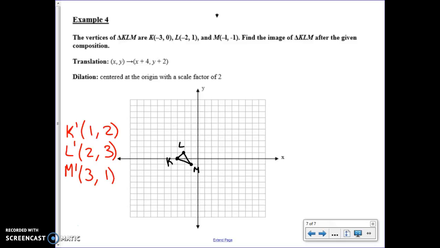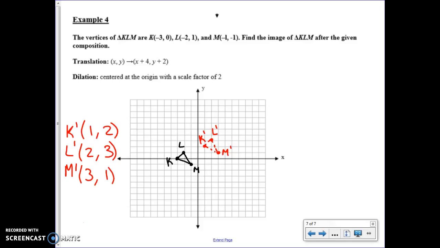So now I'm going to plot those: over 1 up 2, and then over 2 up 3, and over 3 up 1. So notice we didn't change size or shape. We just moved it. We have an isometry.